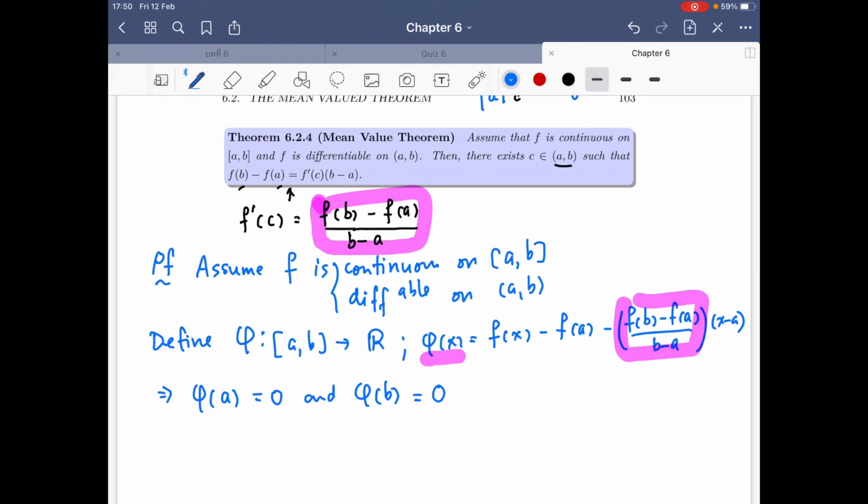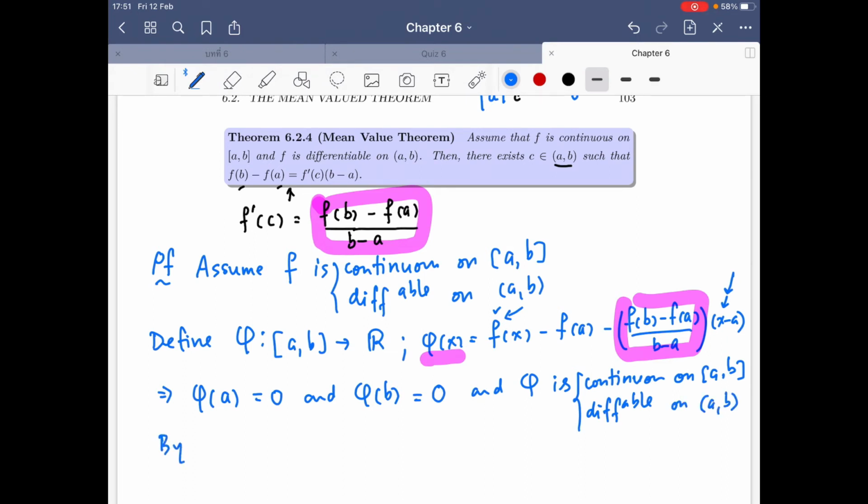All right, and of course your phi is continuous on the closed interval [a, b], because it is constructed by a continuous function and a polynomial. And it is of course differentiable because it is constructed from a differentiable function and again a polynomial, so it is differentiable on the open interval (a, b).